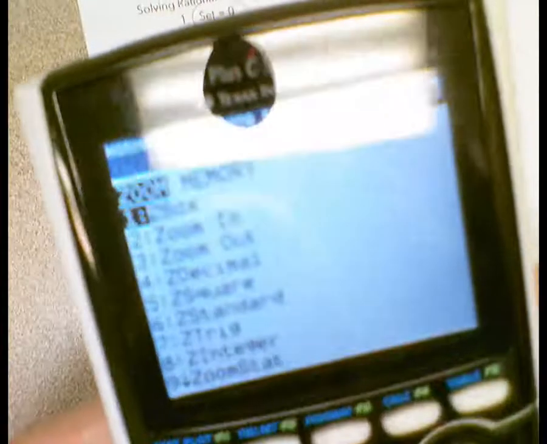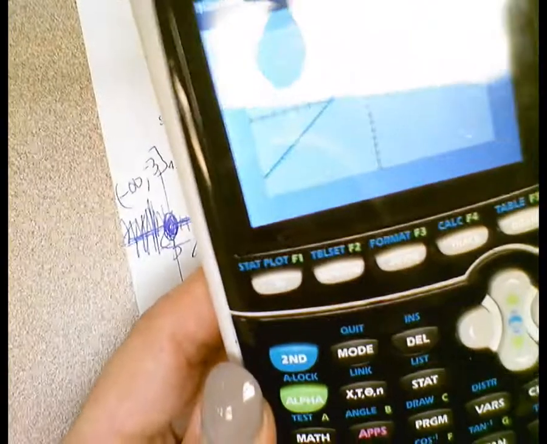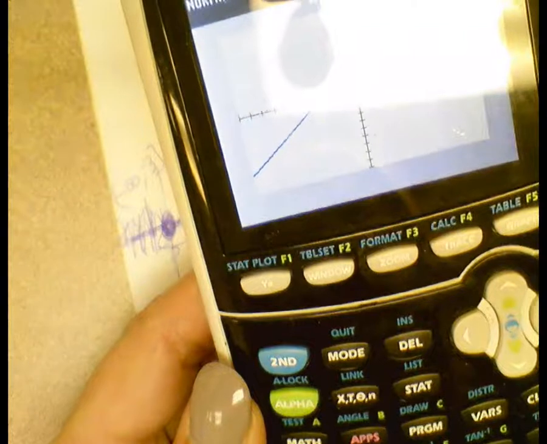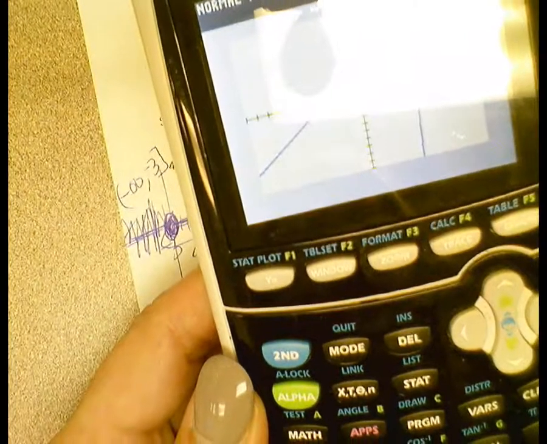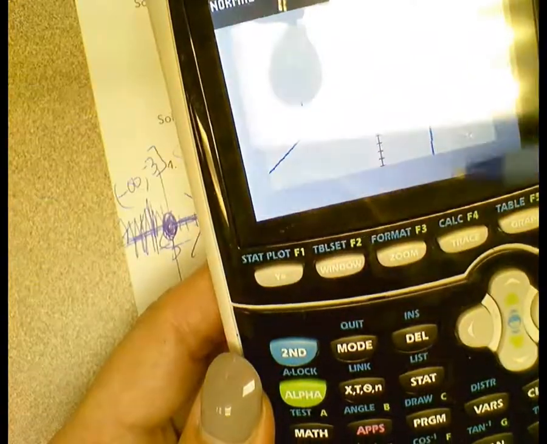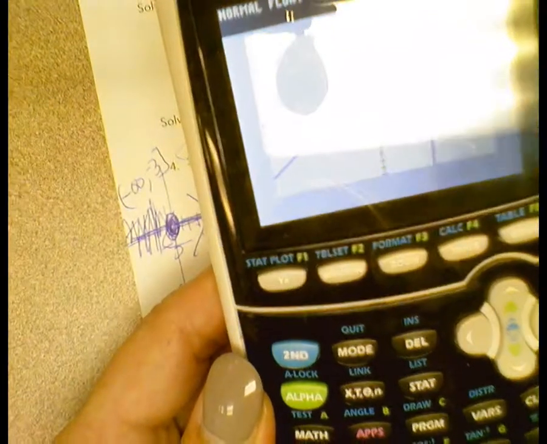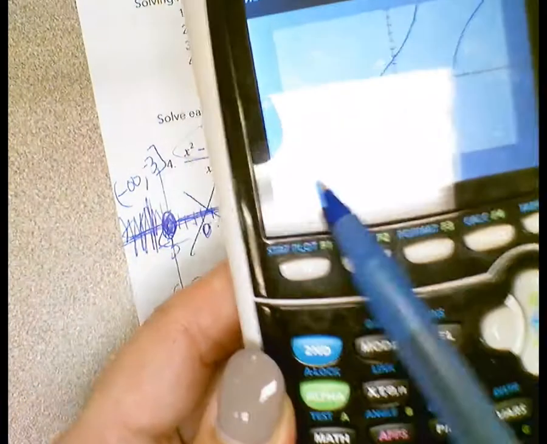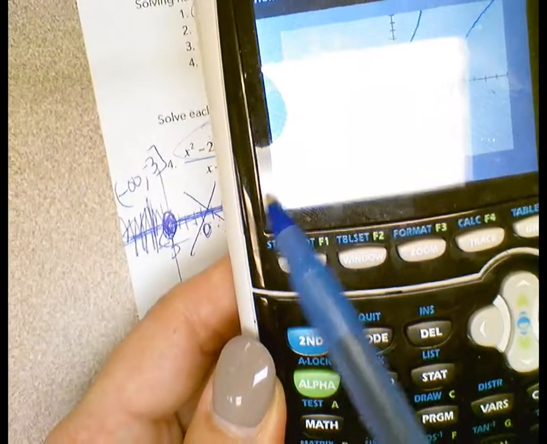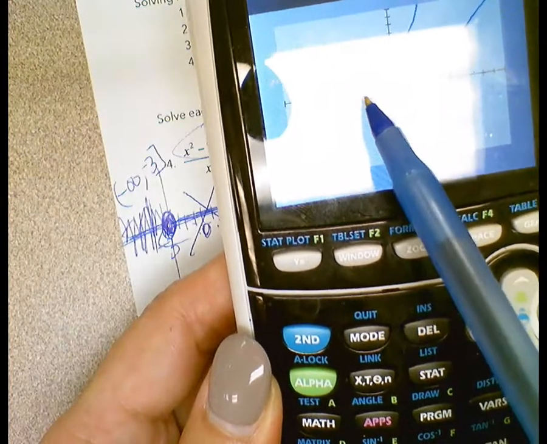Let's press zoom 6. When does our graph fall below 0? Keep in mind there's a vertical asymptote right here. That vertical asymptote, remember, was 4. So when is it below 0? It looks like it's from negative infinity up to this number. What do you think that number is?